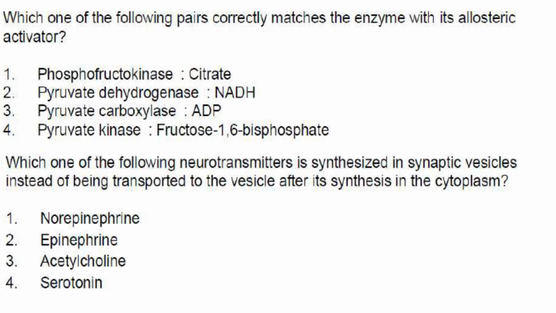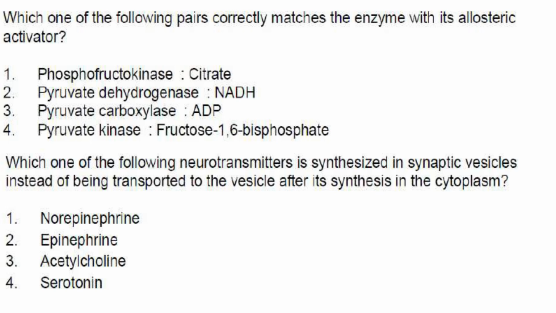Then comes pyruvate dehydrogenase and NADH. Pyruvate dehydrogenase, it converts pyruvate to acetyl-CoA, and here NAD plus is getting converted to NADH. So NADH cannot be the activator, it can only be the inhibitor of pyruvate dehydrogenase. So that is also not correct. Then comes pyruvate carboxylase.